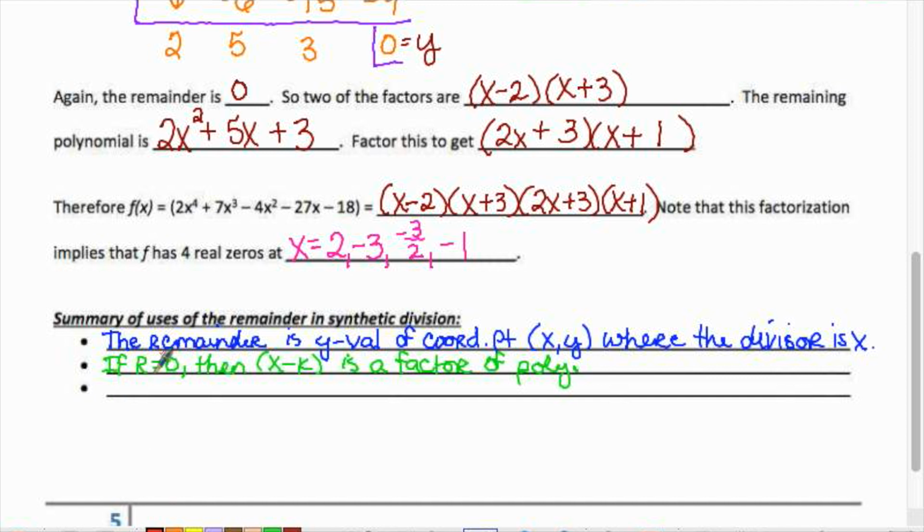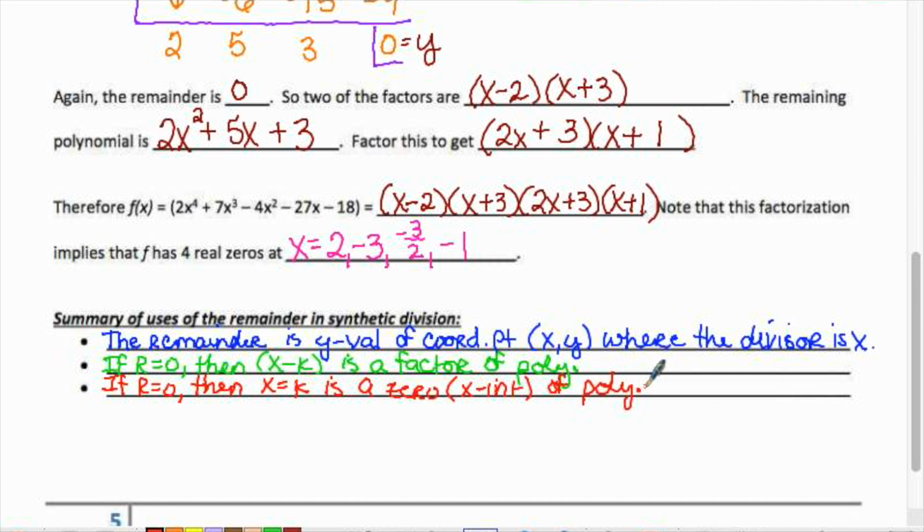And if that's the case, if r equals 0, then x equals k is a 0, or an x-intercept, of the polynomial.